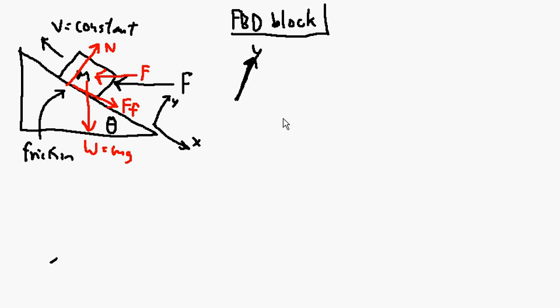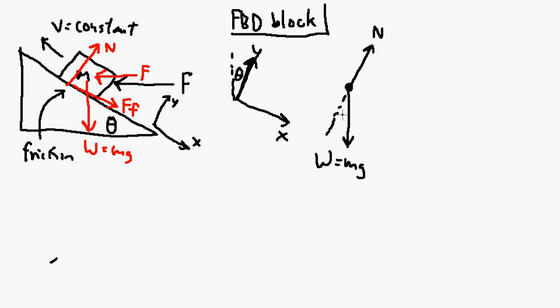There is our X. And the angle these make with horizontal and vertical is theta, okay? Now here is our point representing this block. So we've got the normal force like that. We've got weight, mass times gravity, like that, theta. We've got the friction force acting there, downhill, and then we've got this force coming in.